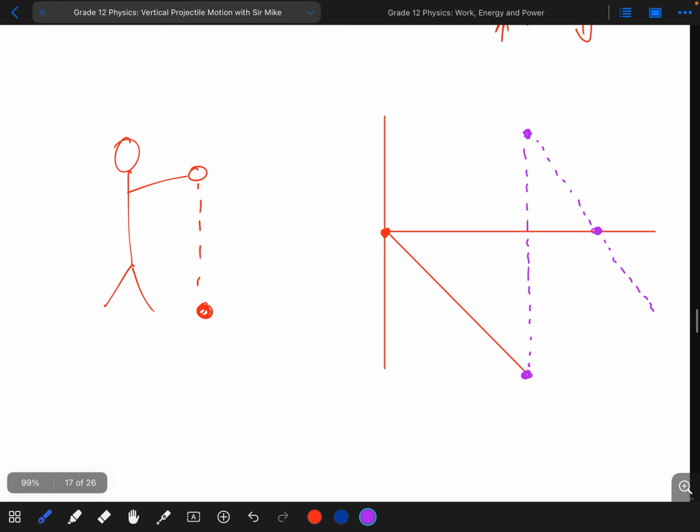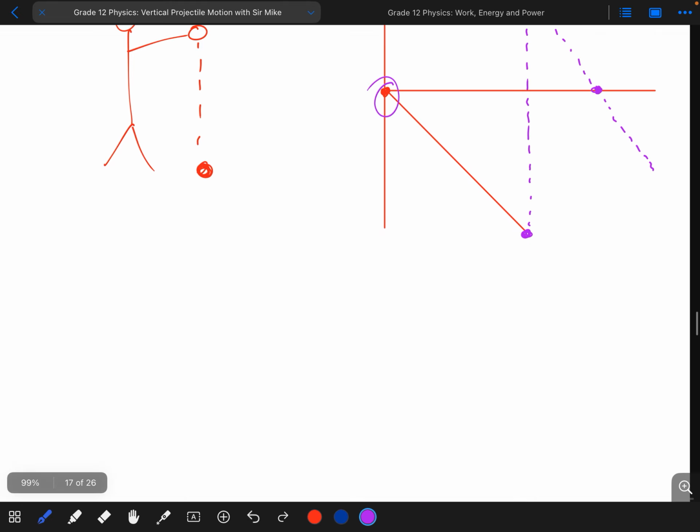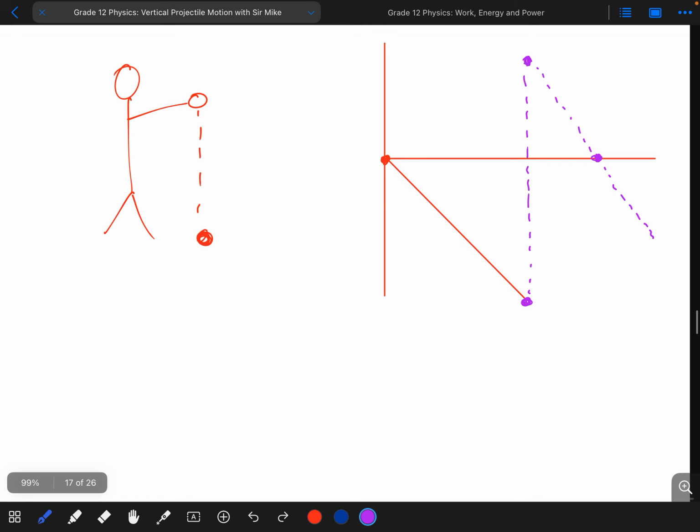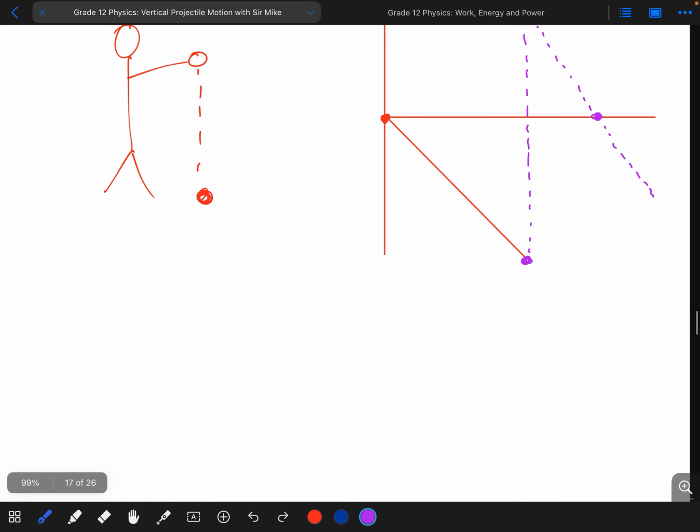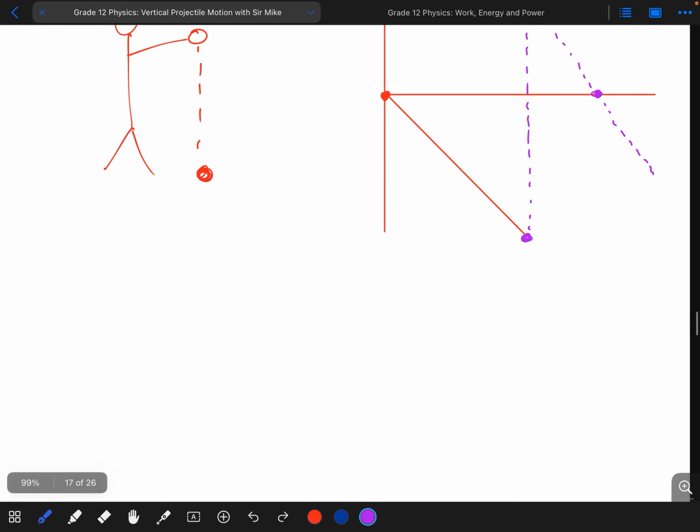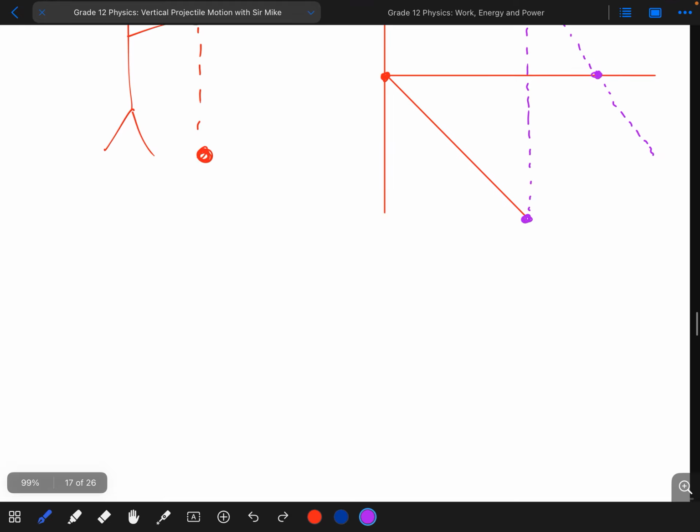What you simply need to note is that when you drop an object, if you were to draw the velocity versus time graph of that object, your graph will start at the origin. Now again, if we had taken upwards as negative and downwards as positive, your graph would have simply been reflected about the x-axis.